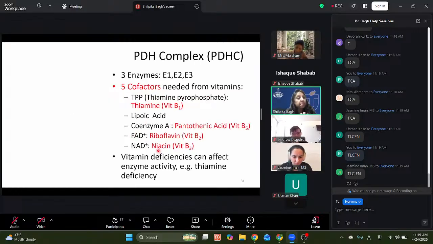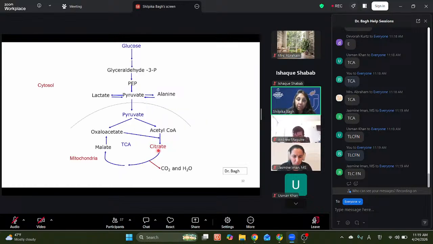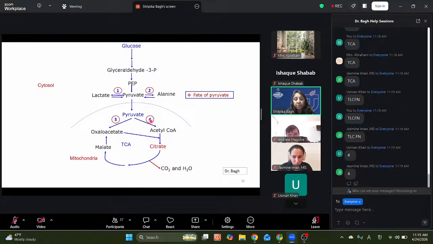PDH, a very important energy-yielding enzyme, is dependent on TLC FAN; thiamine deficiency occurs in chronic alcoholics. Which is that step? Is PDH 3 or 4? PDH is 4. What is 3?